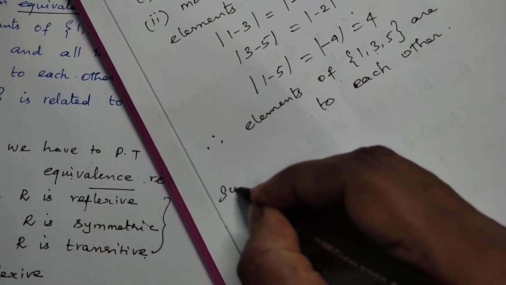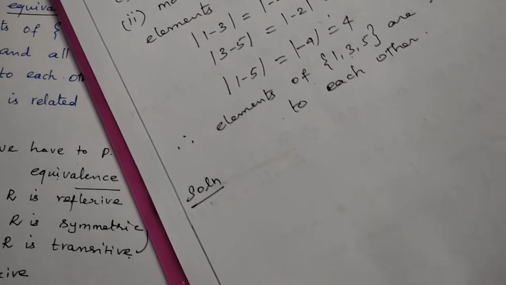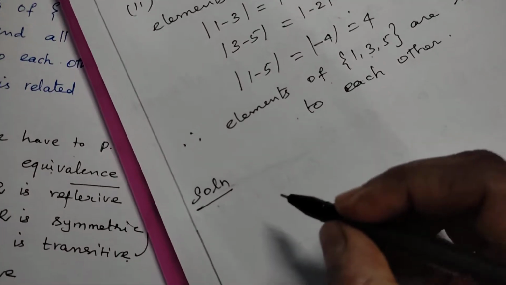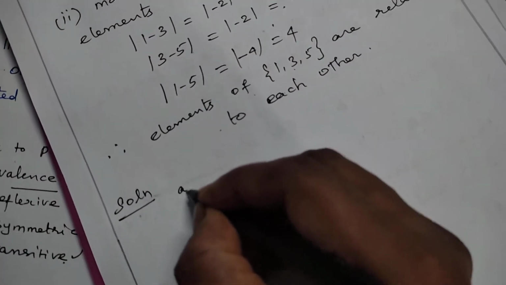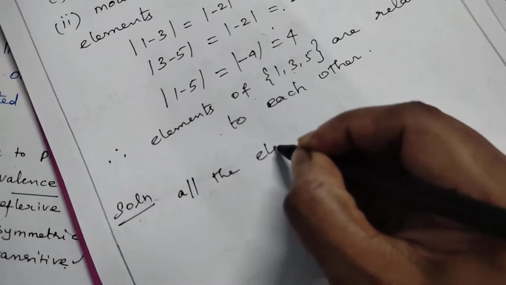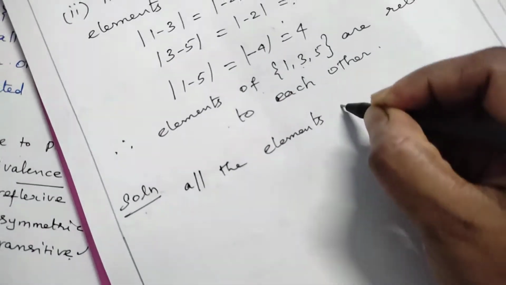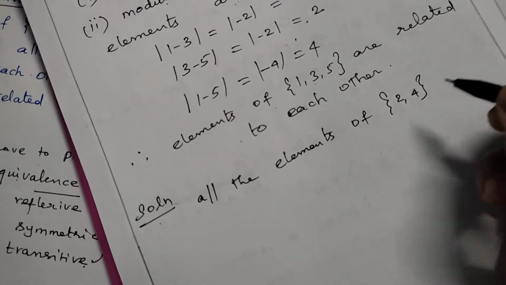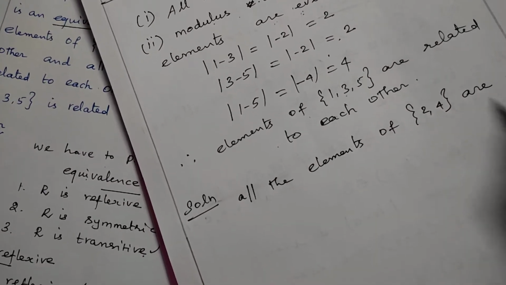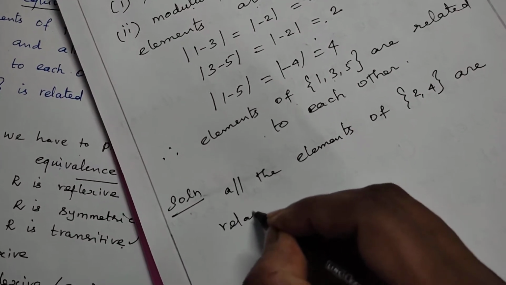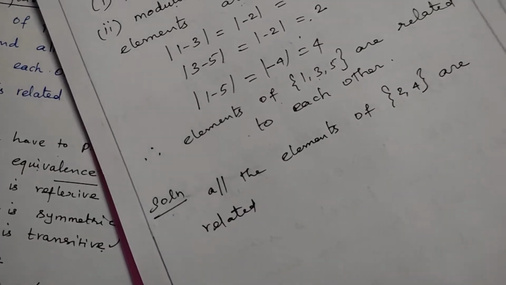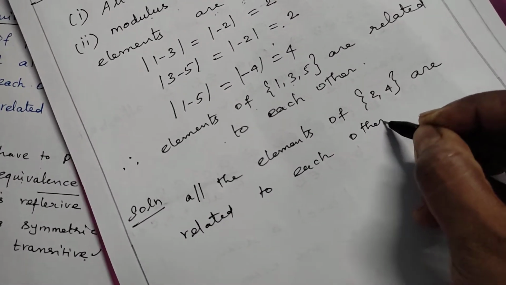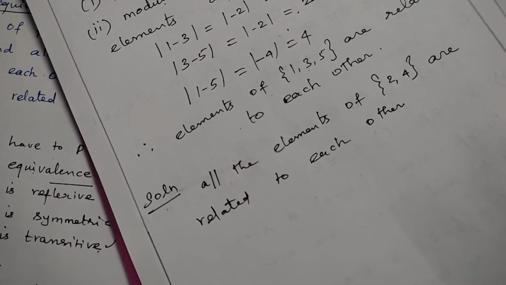What we have to prove is that all the elements of the set {2, 4} are related to each other.